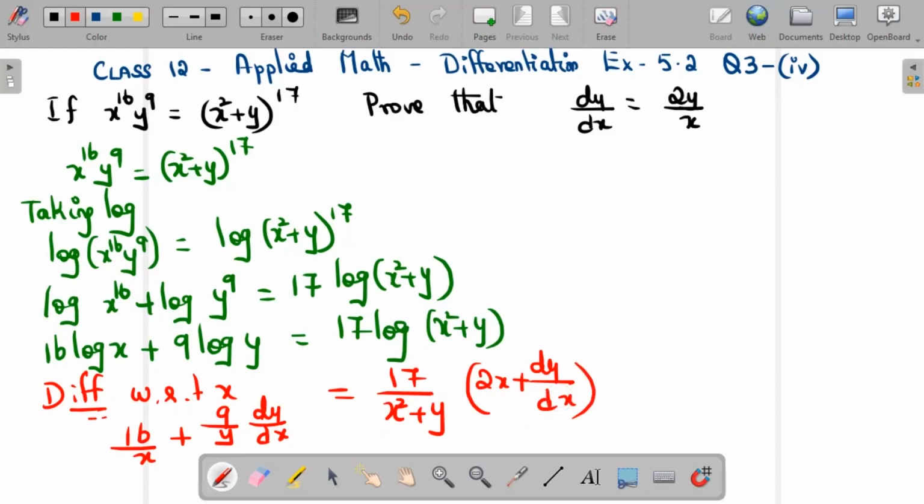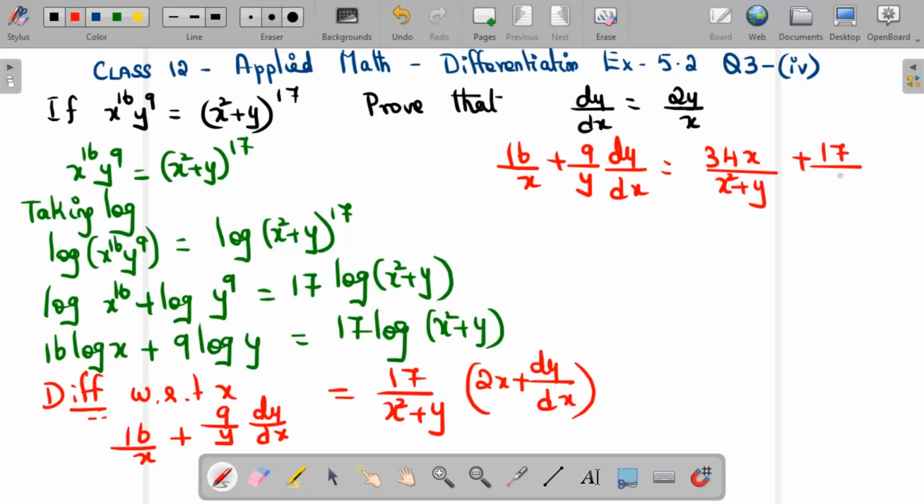Now let's multiply each of these terms on the right side, so that we can do the grouping. So it is 16/x plus 9/y dy/dx. On the right side it is going to be 34x/(x² + y) plus 17/(x² + y) dy/dx. Now I'm going to bring all the dy/dx terms to the left side.